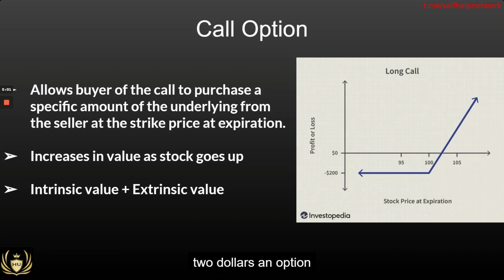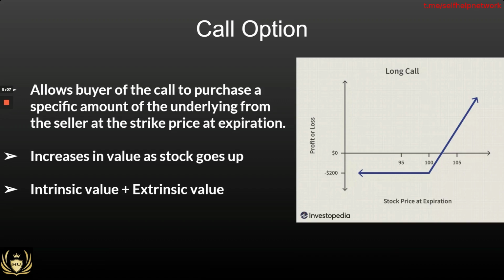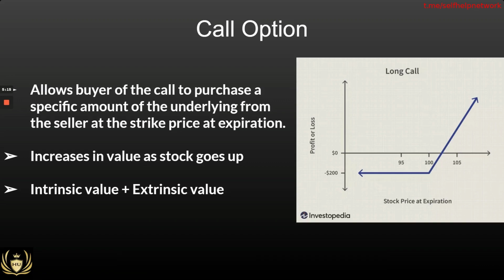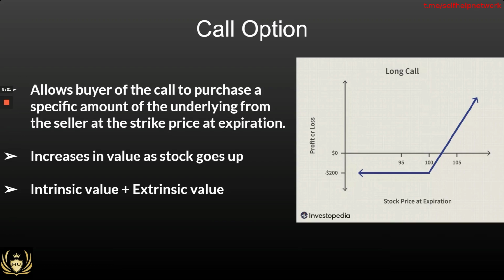So $2 an option ends up being $200 in cost because the option price is $2, but each option has 100 stocks in it. So that's why the actual value that we have to pay ends up being the option price multiplied by 100.